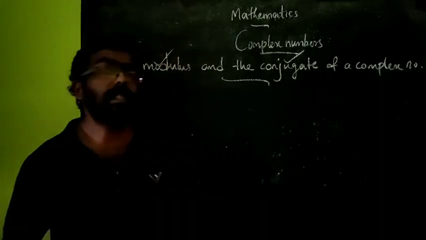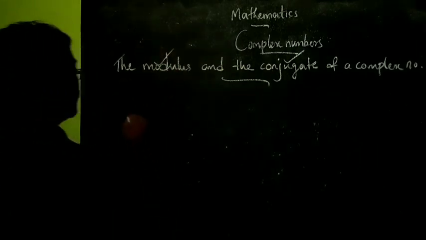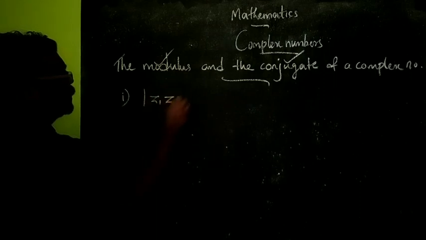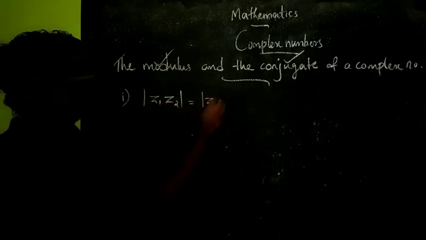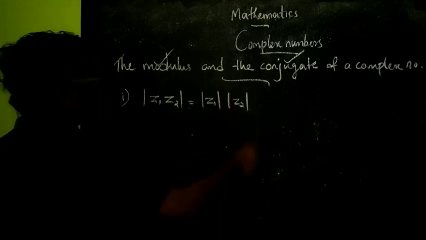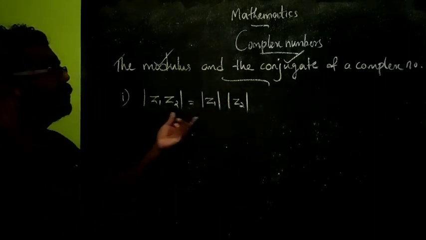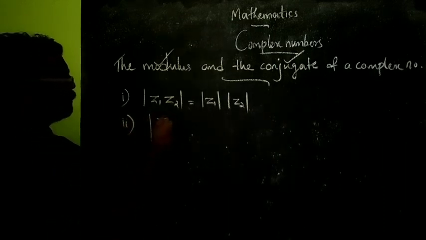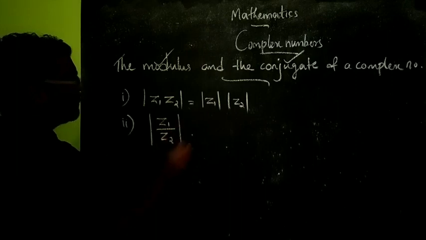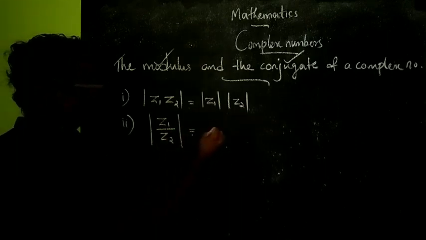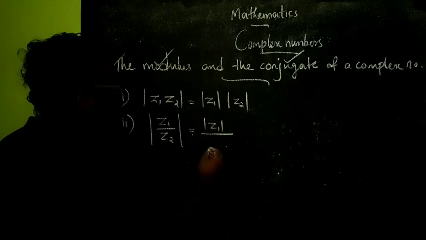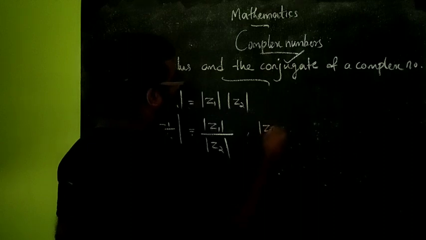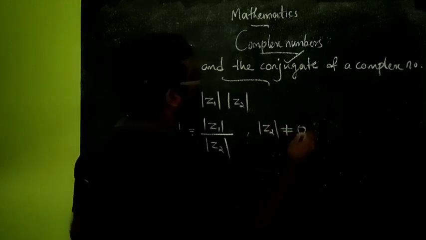For any two complex numbers z1 and z2, we can write the first property, modulus of z1 into z2 equal to modulus of z1 into modulus of z2. Okay, we can split the modulus. And the second one is modulus of z1 by z2, quotient form. So this can be written as mod z1 divided by mod z2, provided modulus of z2 is not equal to 0.